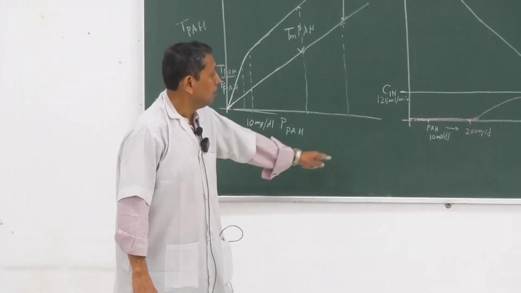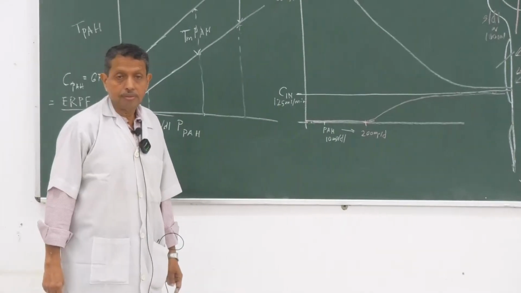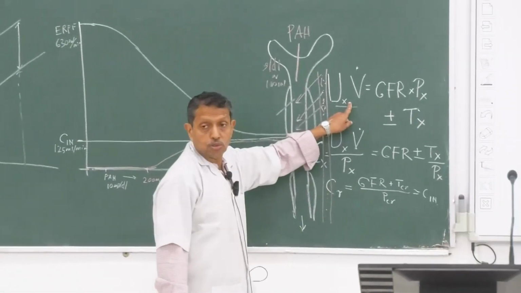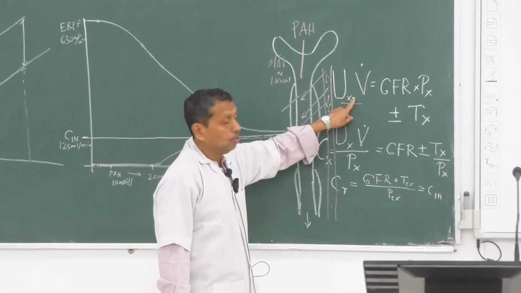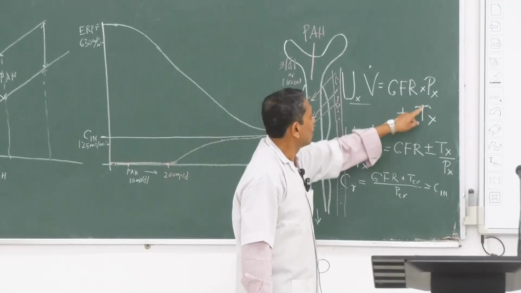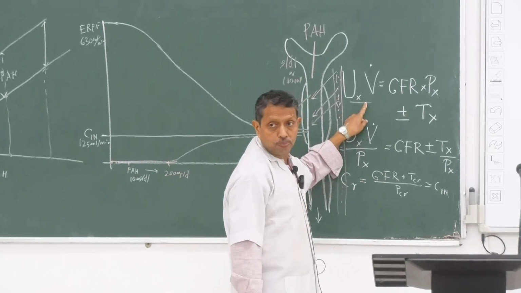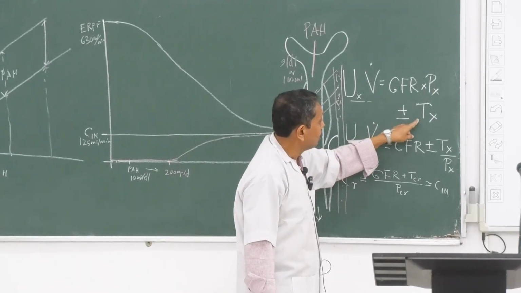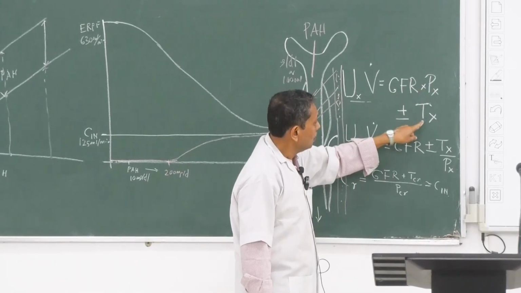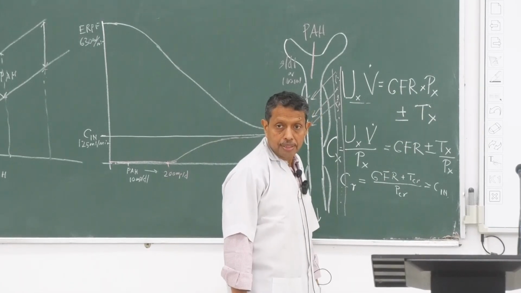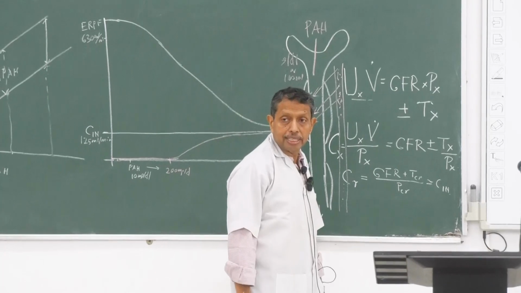Initial part is 0 because there is no glucose present in the urine. From this formula, if you replace X with glucose, this part is 0, because that is filtered minus Tx, GFR into Px minus Tx is equal to 0, and clearance is in that case 0.